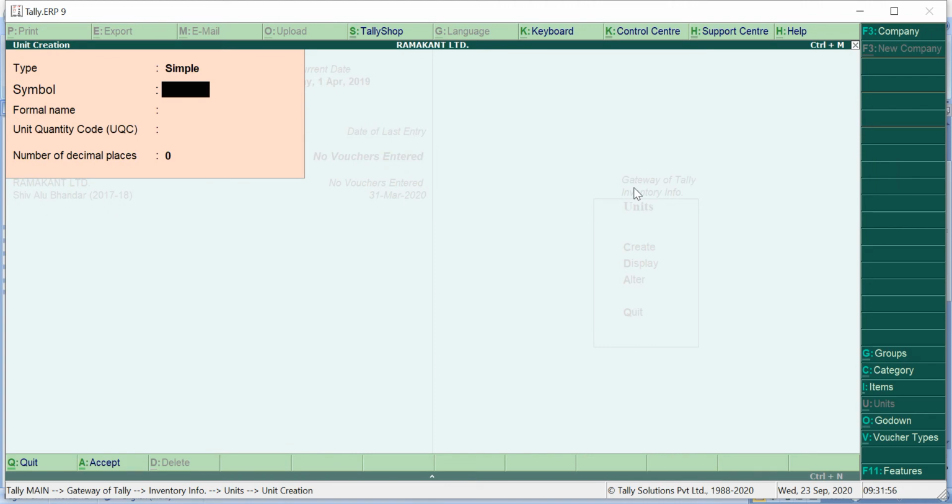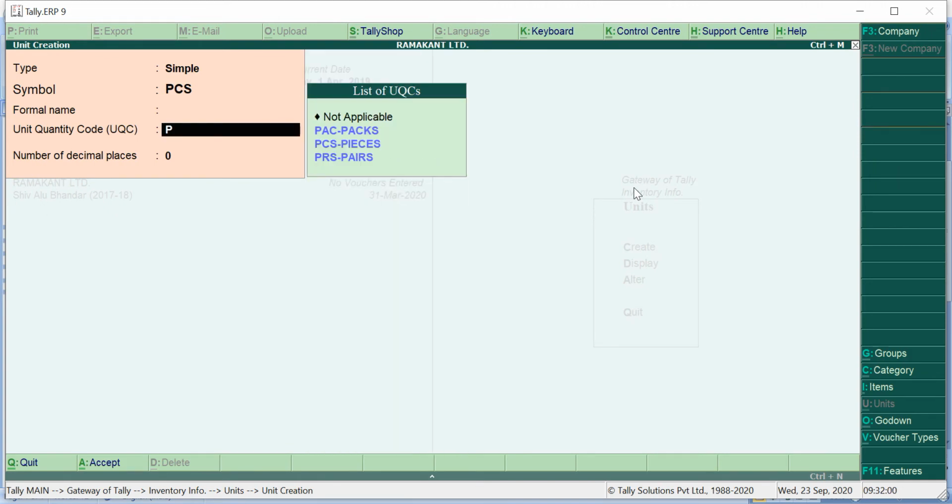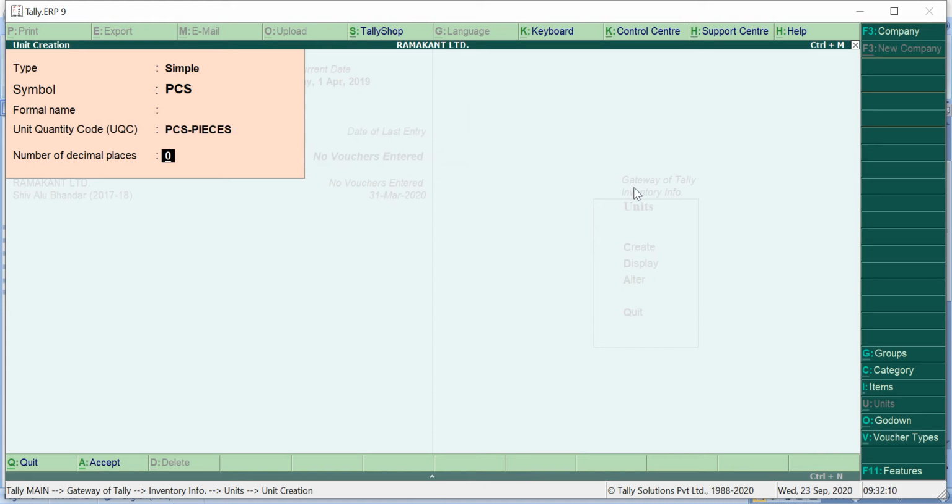We will create one unit, pieces. Even the UQC or the unit quantity code is there already built in. Select pieces, number of decimal points to be kept 0.